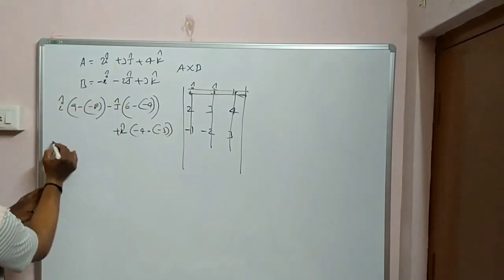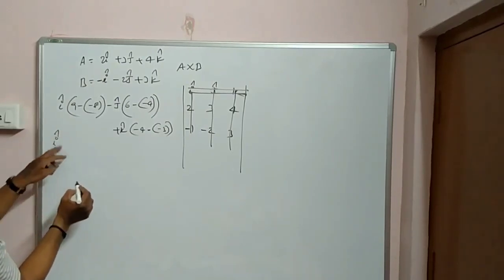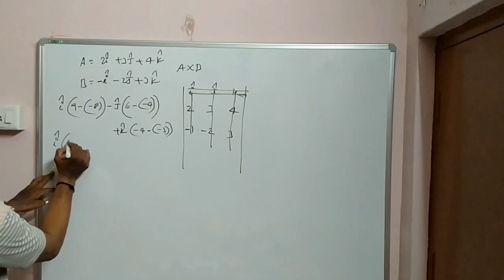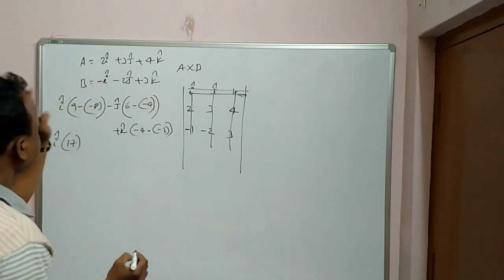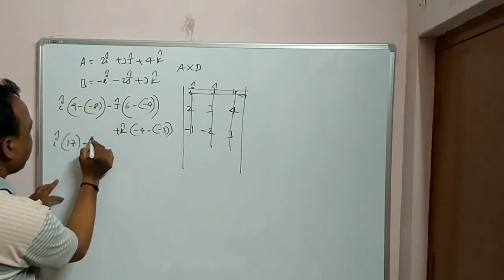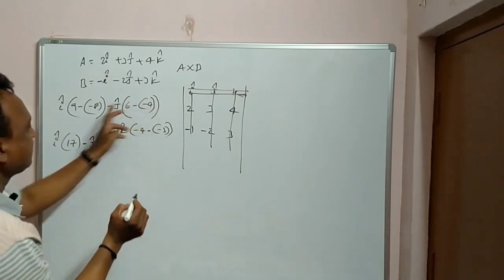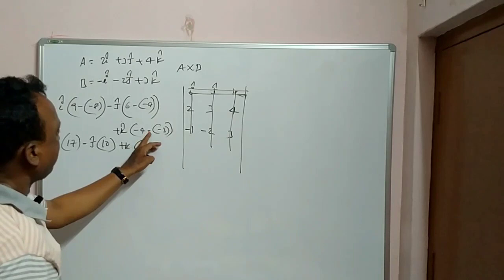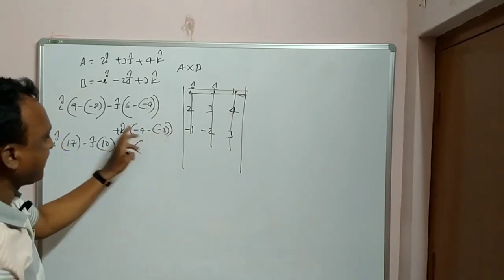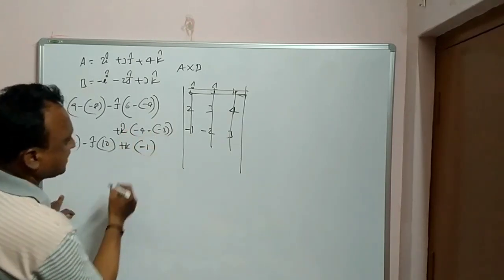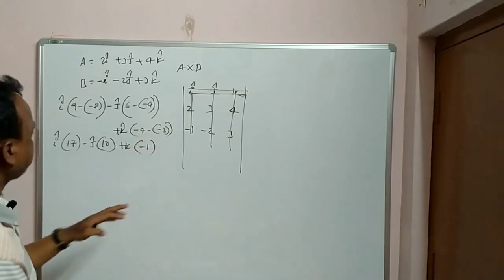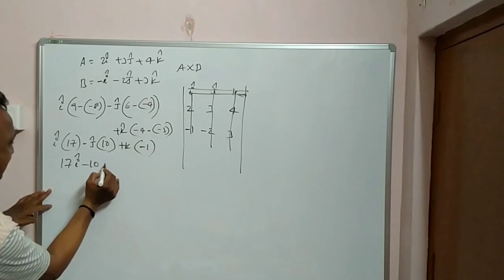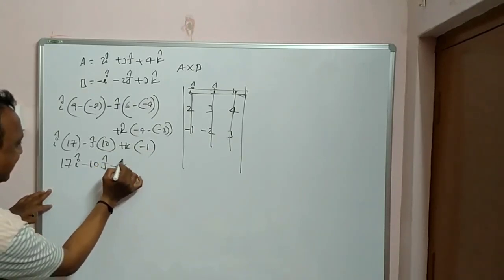Now the thing is over. i cap into 9 plus 8, how much? 17. Minus j cap into 6 plus 4, 10. Plus k into 3 minus 4, minus 1. Finally the answer is 17 i cap minus 10 j cap minus k cap.